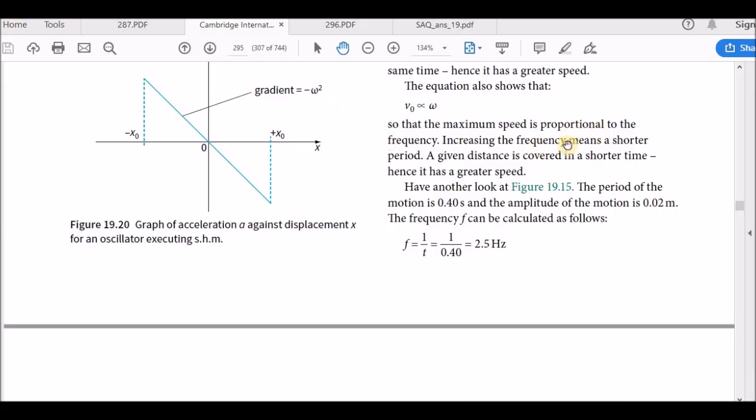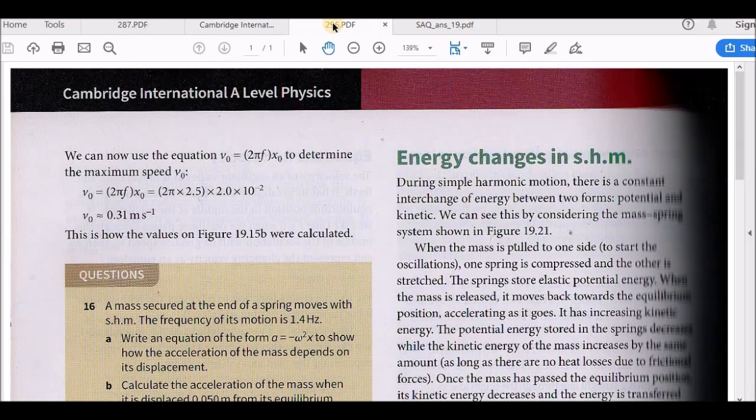Over here they just call it frequency, but that is the angular frequency. Here it is just the frequency. Okay, so period is constant, so the frequency here is constant. Now we substitute in here all those quantities and we get 0.31. Okay, this is how the values of figure 19.1b were calculated.